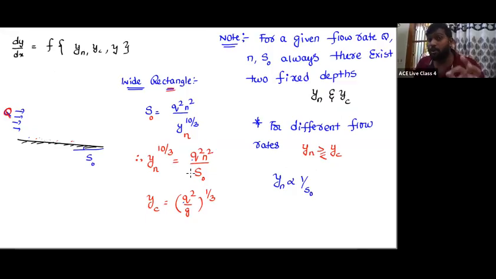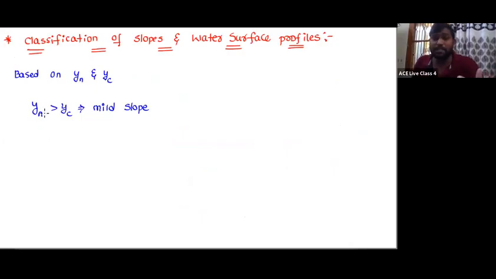Lesser the bed slope, more the normal depth. Yes or no? Whenever the bed slope is very less, the normal depth is going to be more. And if that normal depth is more than yc, then we call it a mild slope. What is meant by mild? Very, very less bed slope.